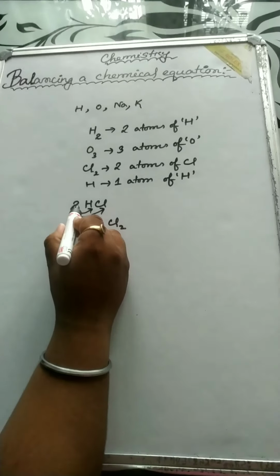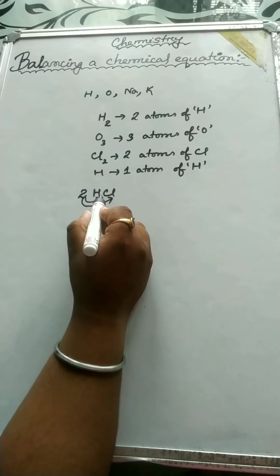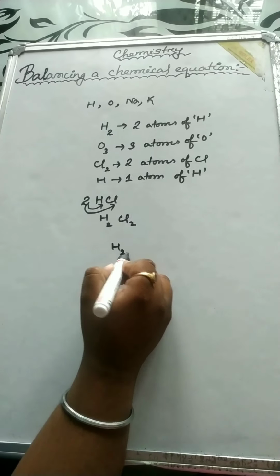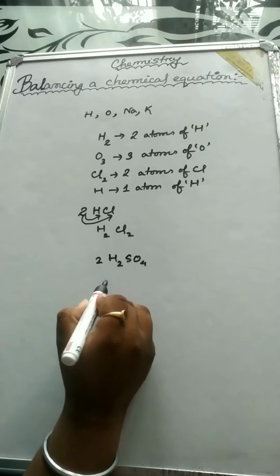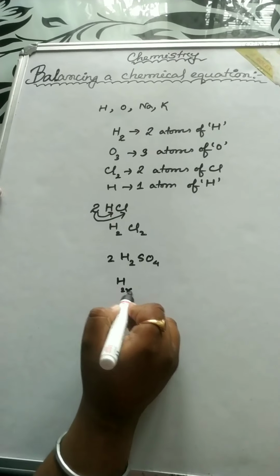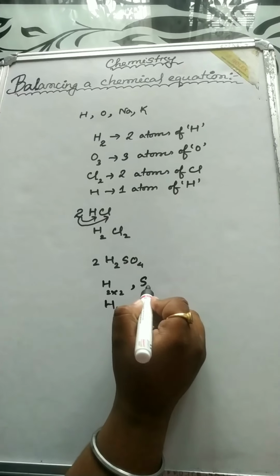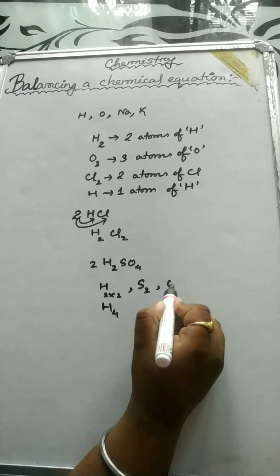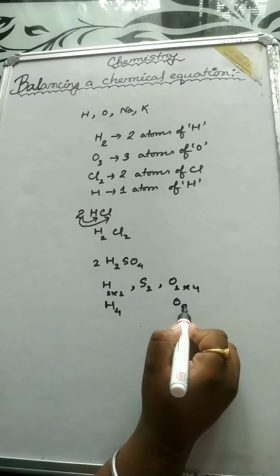If I write H2SO4 and put 2 in front, that means there are 2 into 2, so 4 atoms of hydrogen, 2 atoms of sulfur, and 2 into 4, so 8 atoms of oxygen.